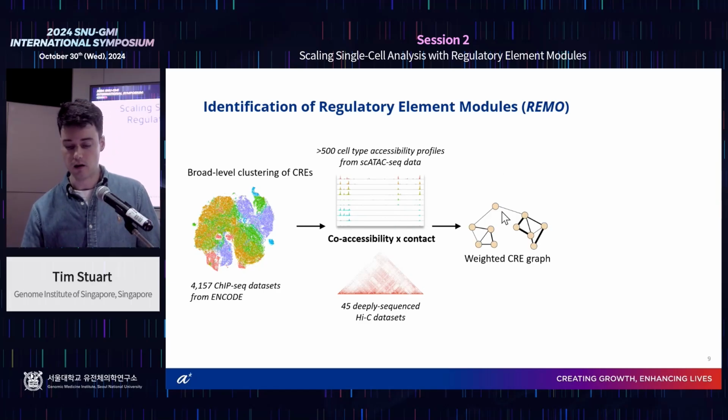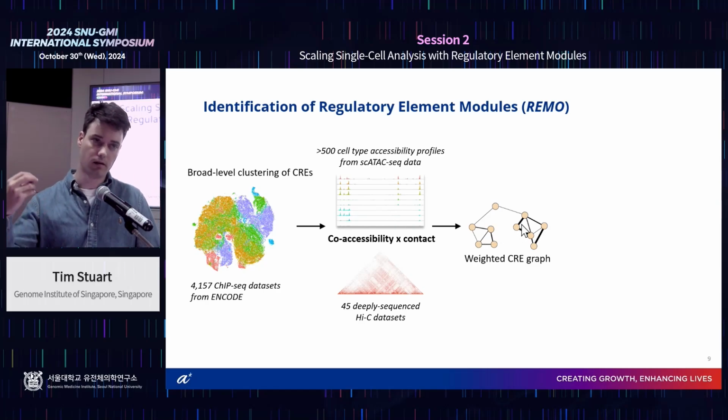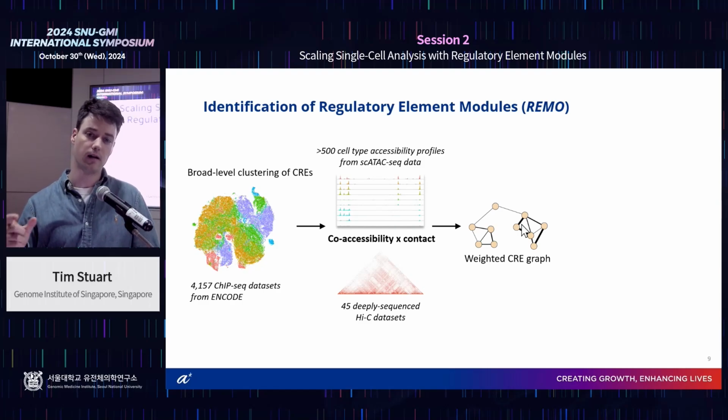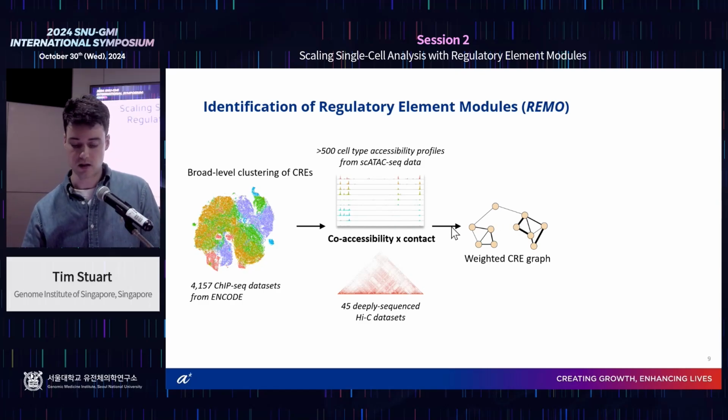So here each node is a cis-regulatory element, and the edge between nodes is this co-accessibility by contact score. So if they have a high edge weight, that means that those two cis-regulatory elements have high co-accessibility, and they also have physical contact measured by these Hi-C experiments.